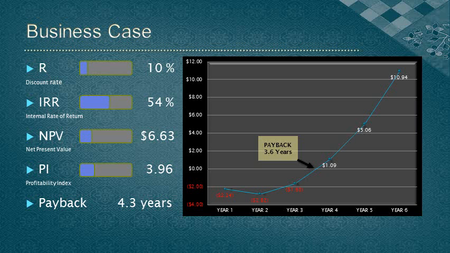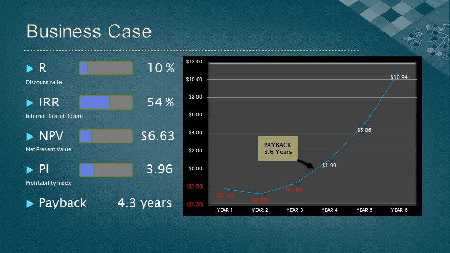It's much higher than the discount rate. Lastly, the profitability index shows 3.96, so it's quite viable. And 6 years later, we will get around $11 million in benefit.